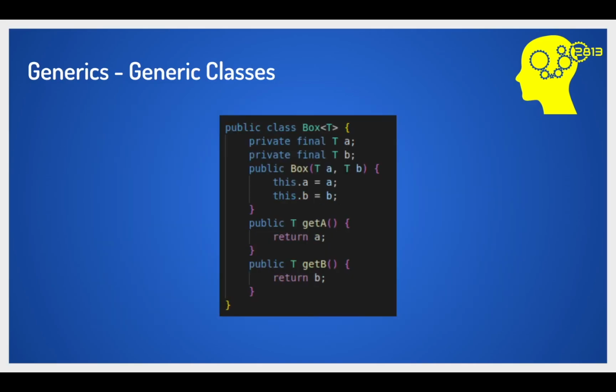You can also have generic classes. For generic classes, you put the generic arguments next to the class name. For example, here we have a Box of some generic argument T. It takes in two of whatever T is and stores them, and you can get either of them with these two methods.